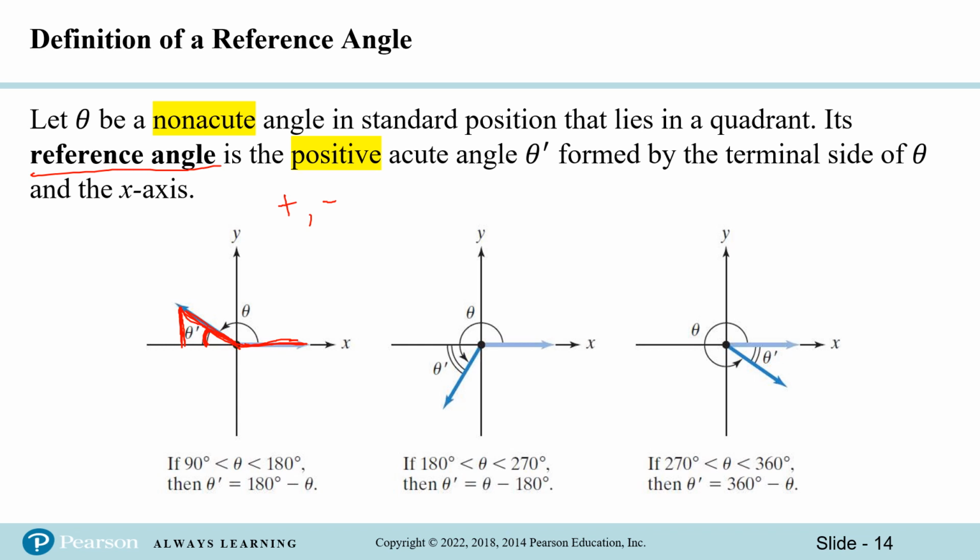Reference angles are our friends. We love reference angles when we're in radians. This is why we love radians. I'm going to tell you, we love radians because of reference angles. When it has to do with degrees, reference angles are a pain in the backside.